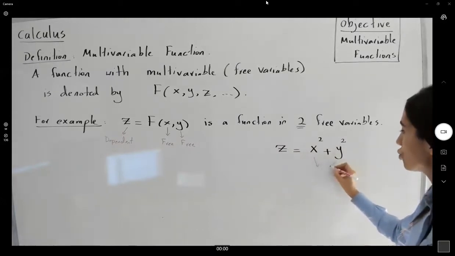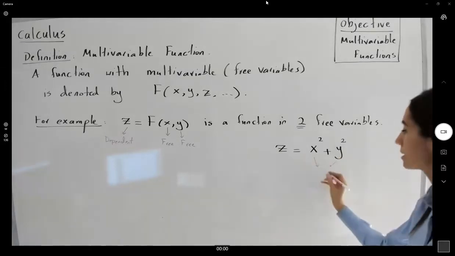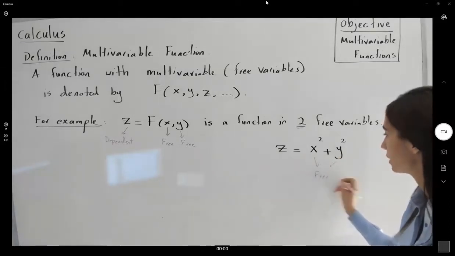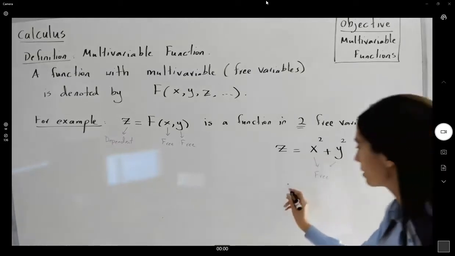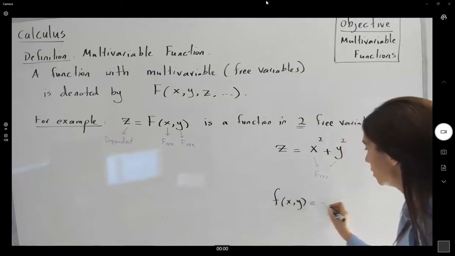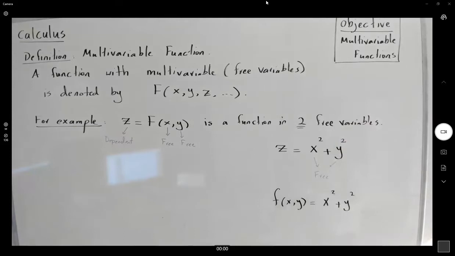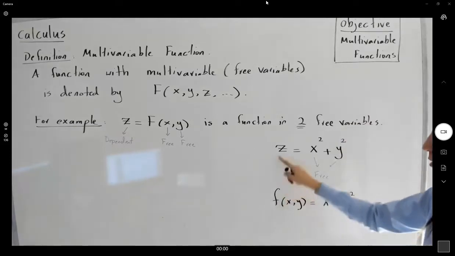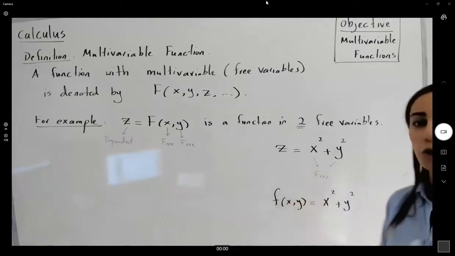You can freely choose anything for x and y, and z depends on x and y. Sometimes they write it this way. They say, f of x and y is equal to x squared plus y squared. There is no difference between z and f of x and y.